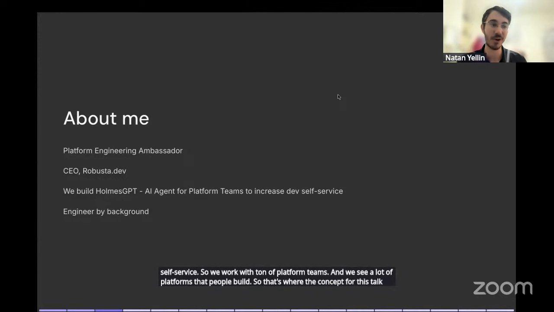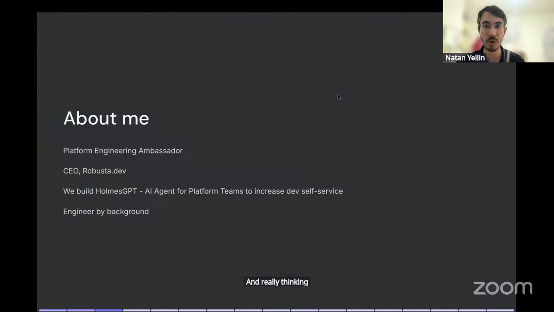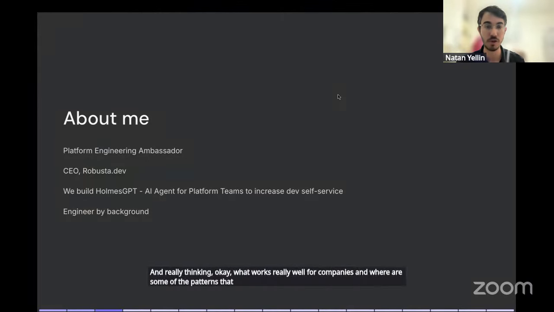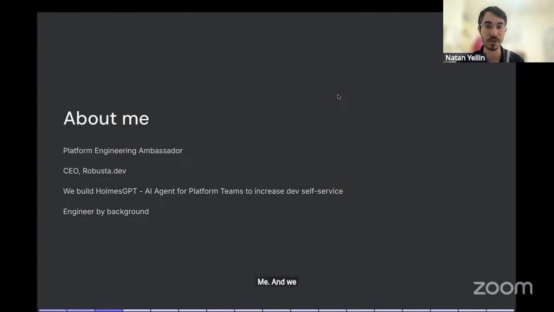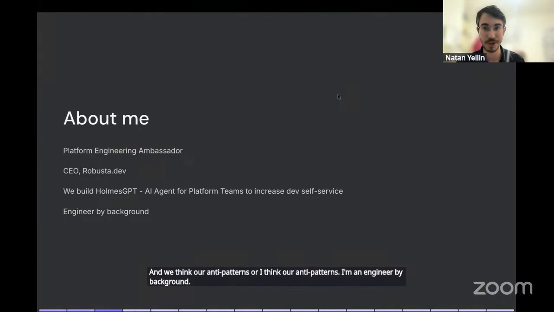I'm looking at all the platform teams we work with and thinking about what works really well for companies, and what are some of the patterns that sometimes look good up front but don't pan out long term, which I think are anti-patterns. I'm an engineer by background, was a developer, and ran on Kubernetes for many years.